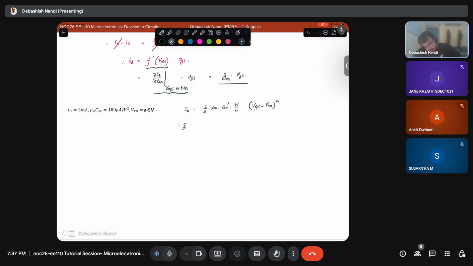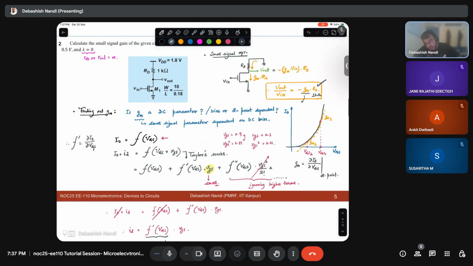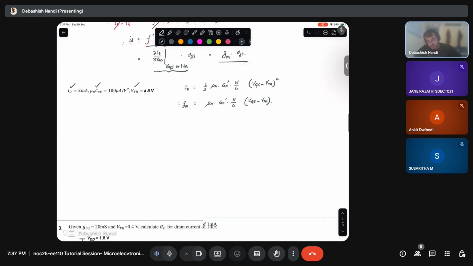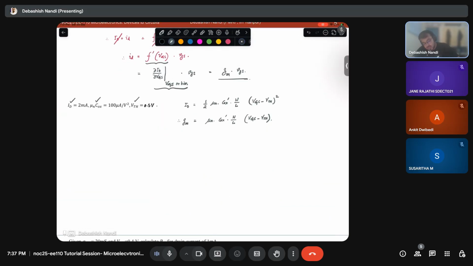What is your gm? Mu n Cox W by L times VGS minus VTH. What you know? You know ID, you know mu n Cox, you know VTH. VGS you do not know, right? You are not given the bias voltage. So I need to eliminate VGS from these two equations. So how will I do that?